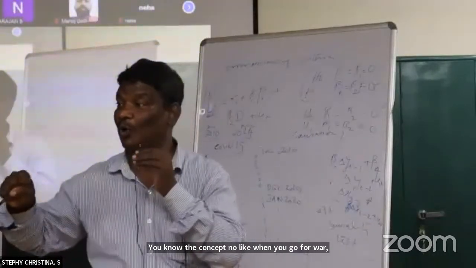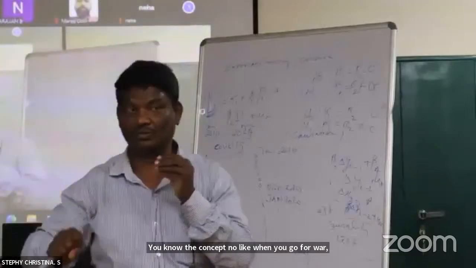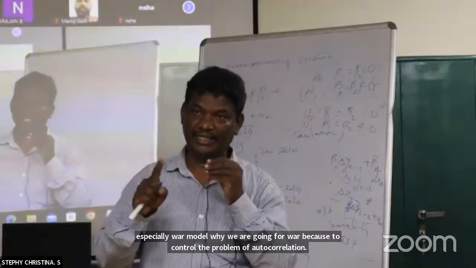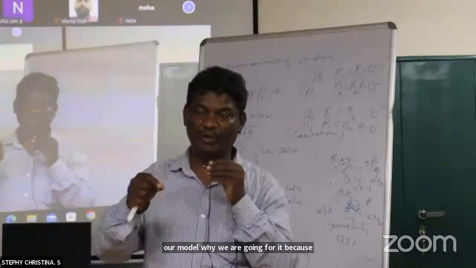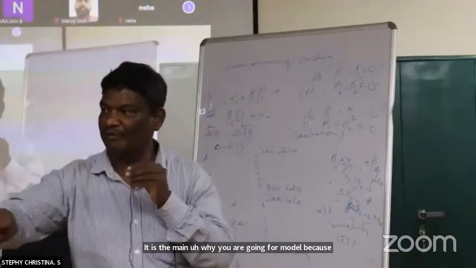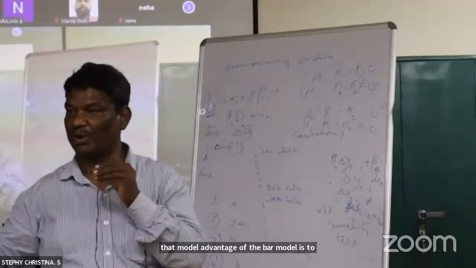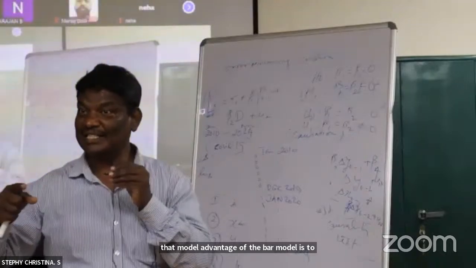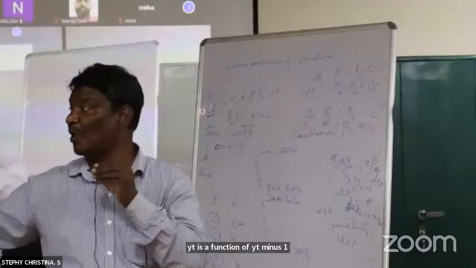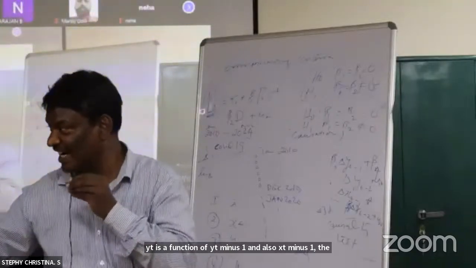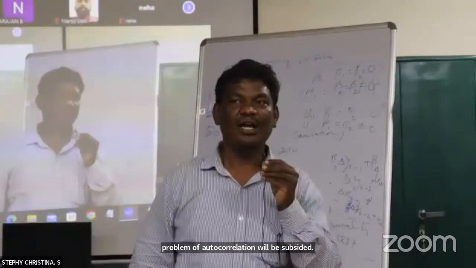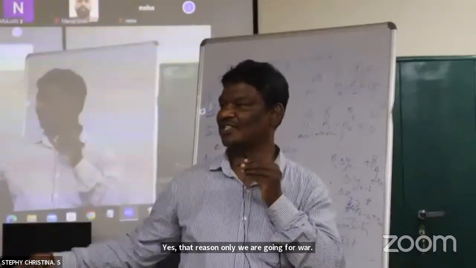To control the problem of autocorrelation. The advantage of the VAR model is to take care of autocorrelation, because Yt is a function of Yt-1 and also Xt-1, so the problem of autocorrelation will subside. For that reason we go for VAR, and in fact the objective should always be causality.